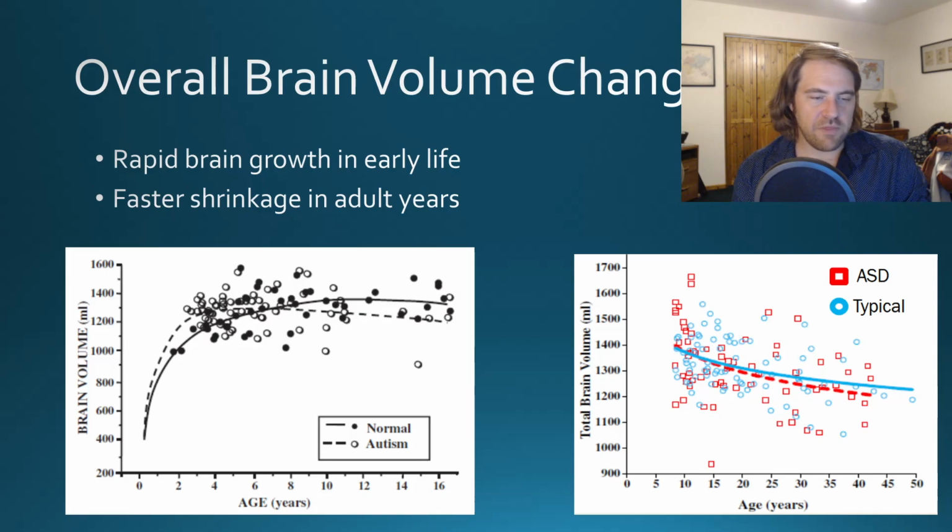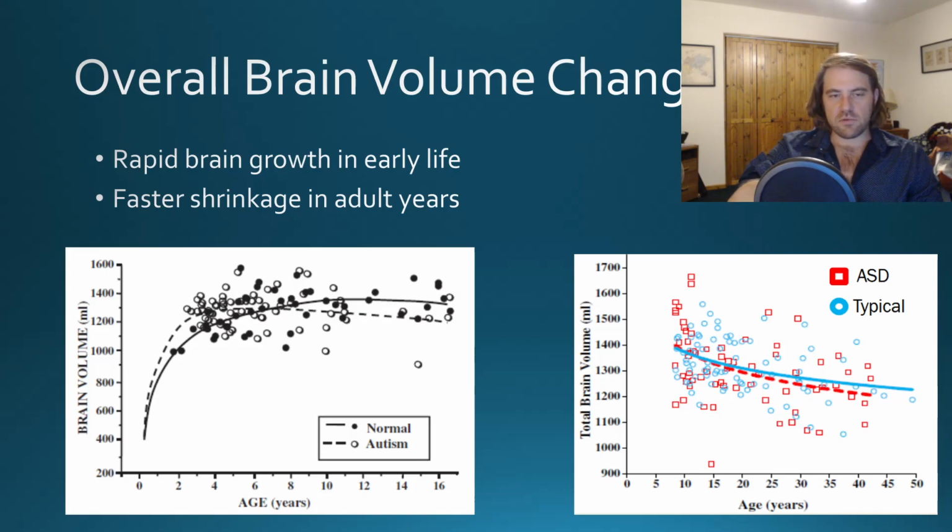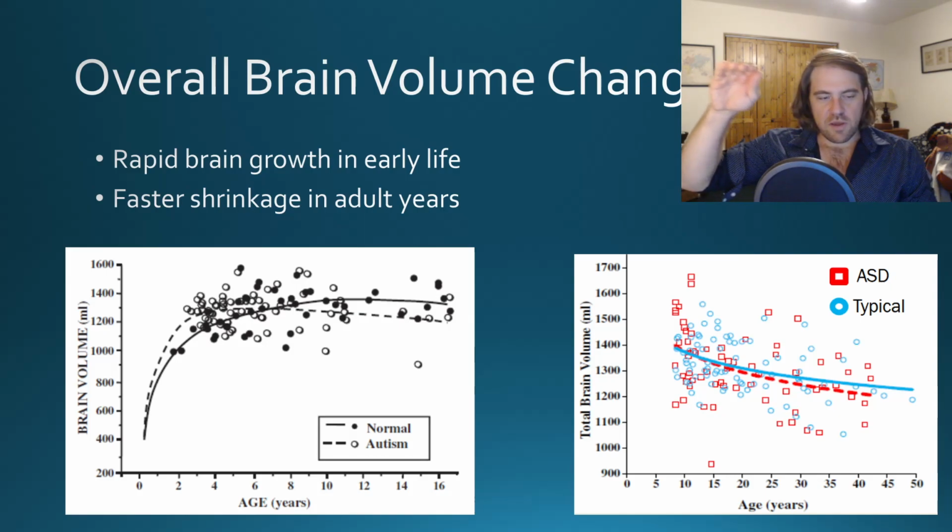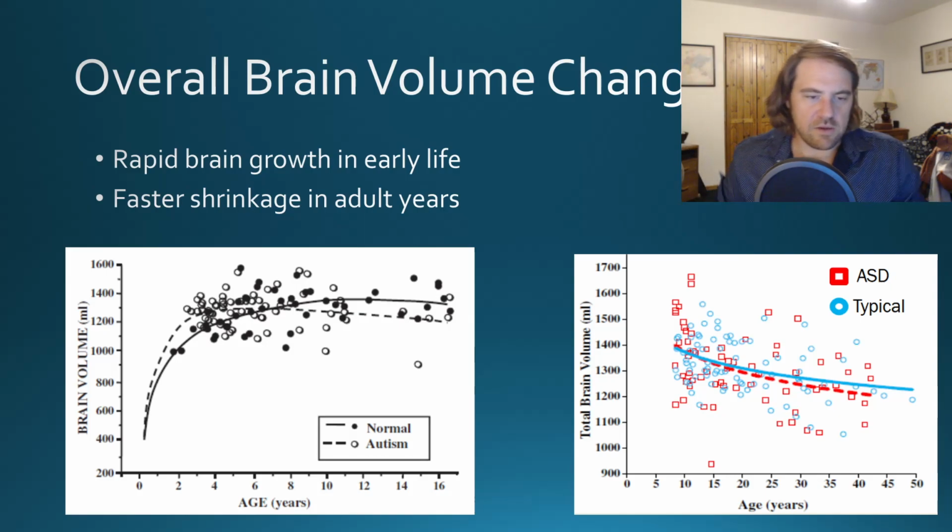And then the brains tend to shrink down a little bit, and people who are neurotypical come up and grow a little bit beyond that. So the brain volume overall after an explosion around age 4 is then lower, so less total cranial volume overall. That's in the graph on the left.